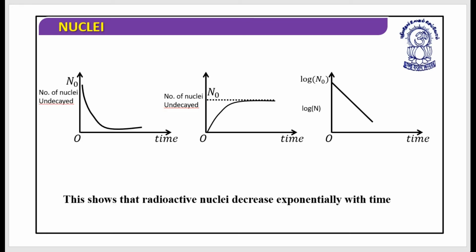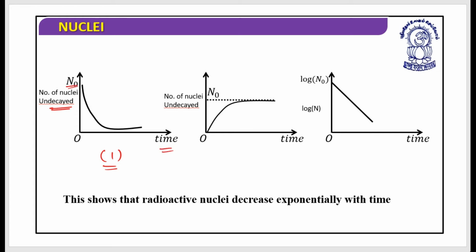These are the graphs that we have plotted for different y and x axes. The first graph is about the number of undecayed nuclei.